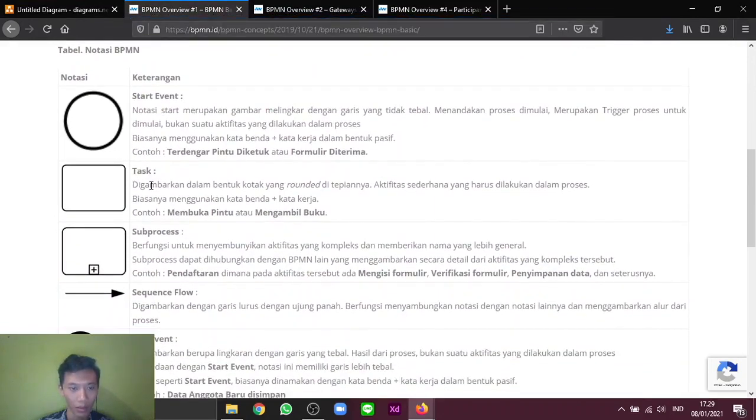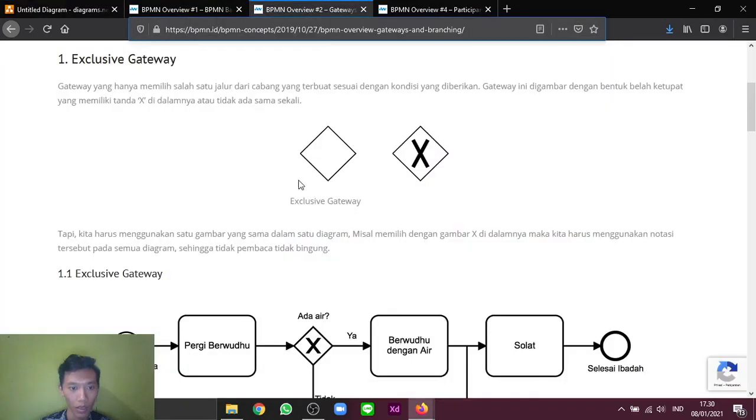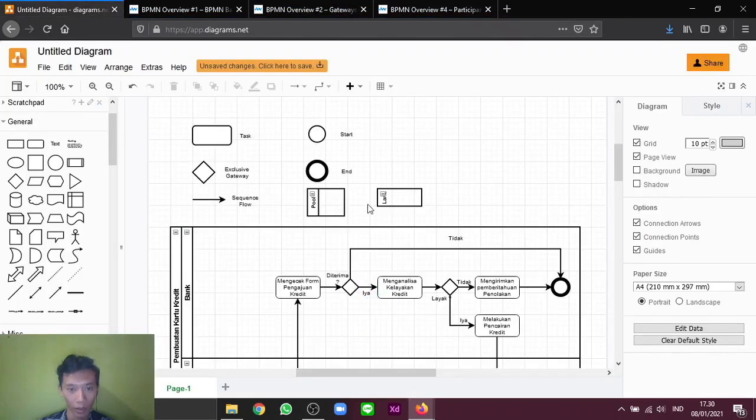For the first, the task. A task is pictured as a square or rounded rectangle. This function is to give a process. And next, the exclusive gateway is one of the paths with a condition that gives a choice, for example yes or no in my BPMN.